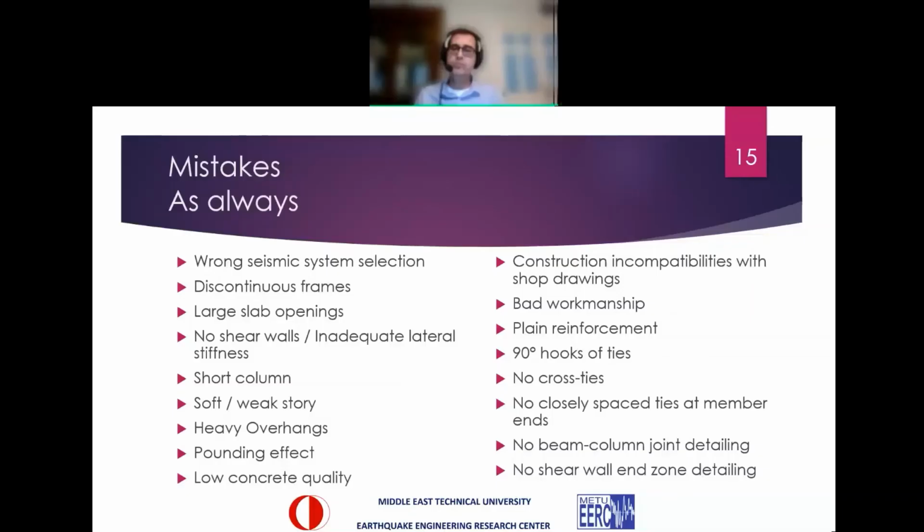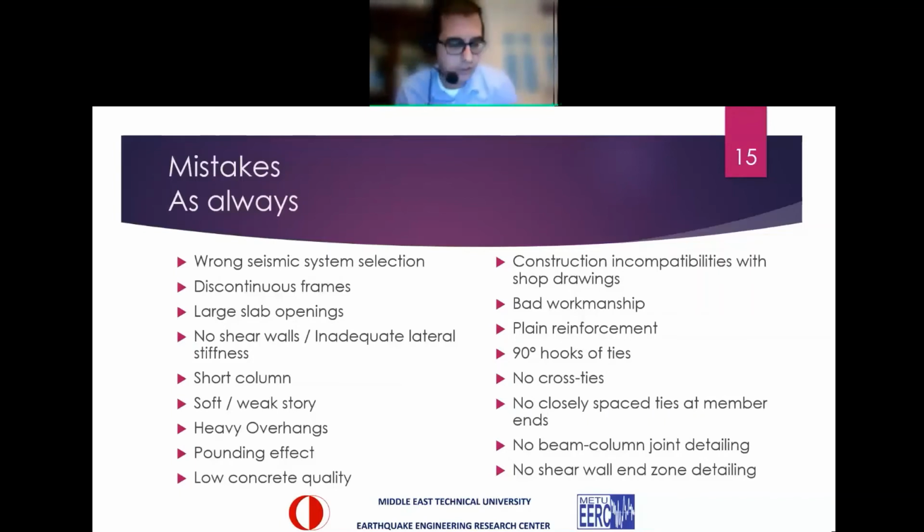They just leave it 90 degrees, and they easily open up during the earthquakes. During the regular life without earthquake, they carry the shear force, no problem. But during the earthquake, they don't give the required confinement effect to the members.